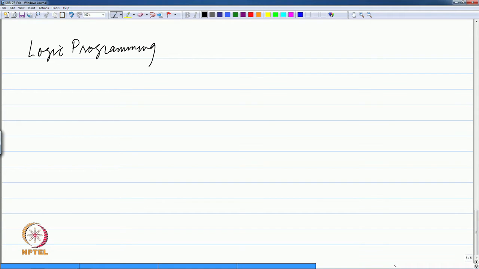If you look at a statement of the kind beta is true if alpha 1, alpha 2, alpha n is true, which is equivalent to saying that beta is true if alpha 1 and alpha 2 and alpha n is true, we will use the notation comma to stand for and, as is done in the language Prolog.